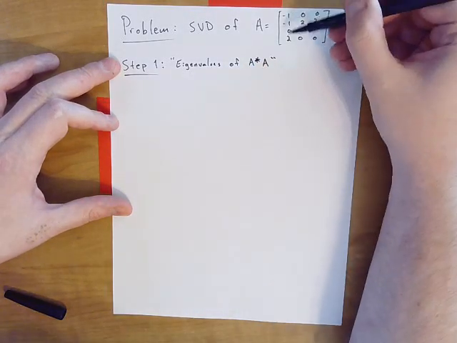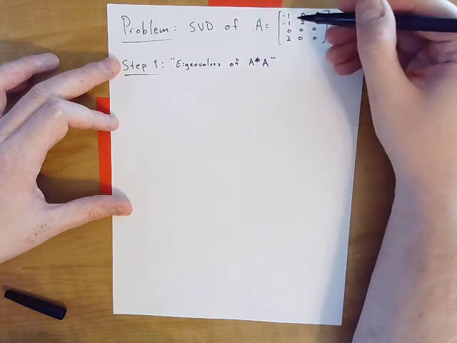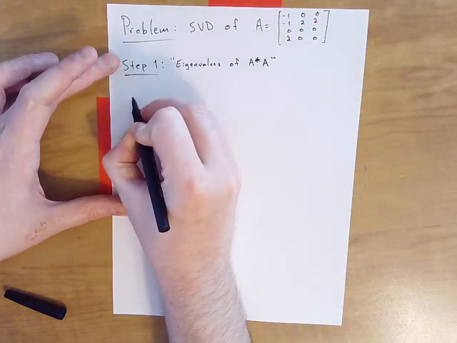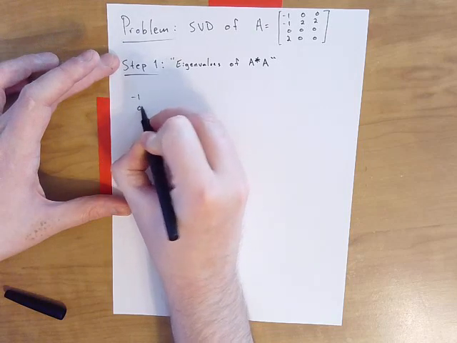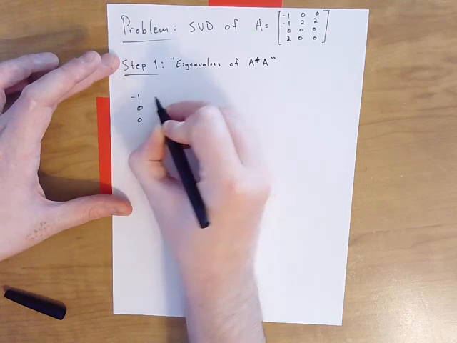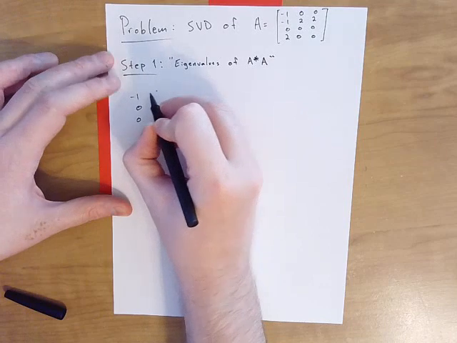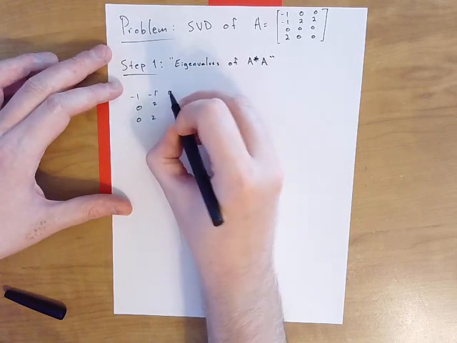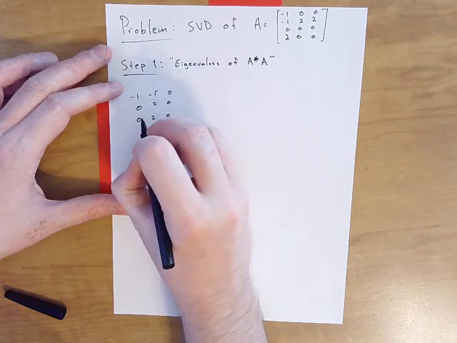Well, A is 4 by 3, so the conjugate transpose should be 3 by 4. So what are the new columns? The new columns are negative 1, 0, 0, negative 1, 2, 2, 0, 0, 0, and then 2, 0, 0.